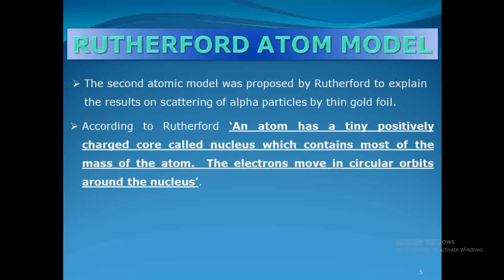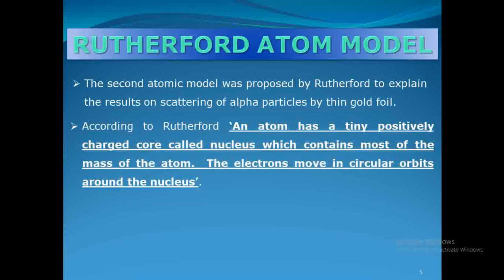Rutherford tried to explain the large angle scattering of alpha particles by the thin gold foil, and in parallel he was able to explain the Rutherford atomic model. So 99% of the mass of the atom is concentrated at the center, which we call the nucleus, and the electrons are revolving around the nucleus.